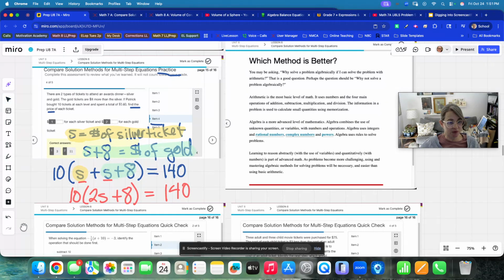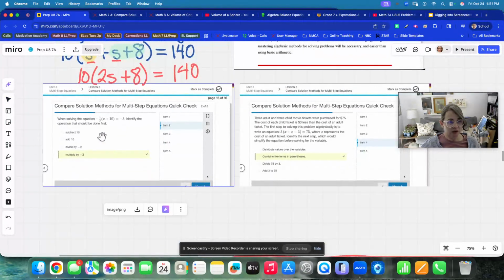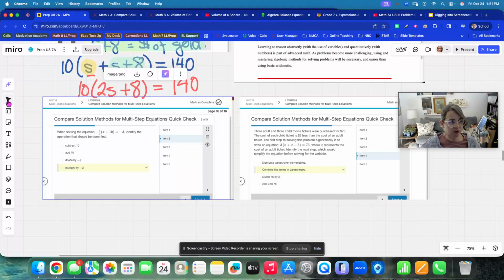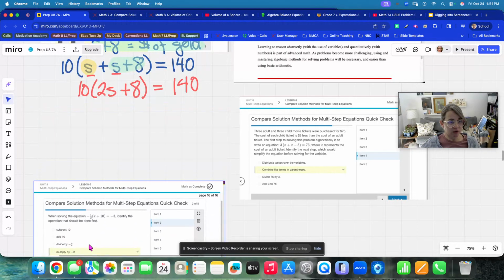Instead of distributing the 10, and then coming here, I'm moving you. Need a little more room, guy. Instead of distributing the 10, remember that we can divide on both sides by 10. These are going to cancel out because 10 over 10 is 1.